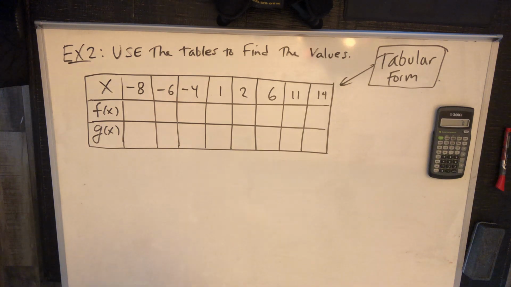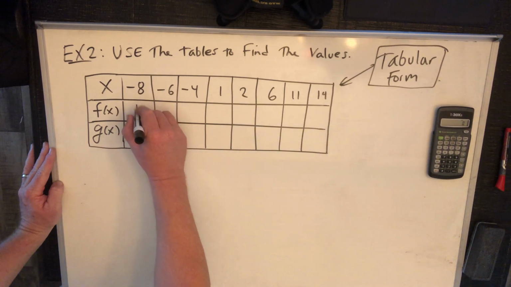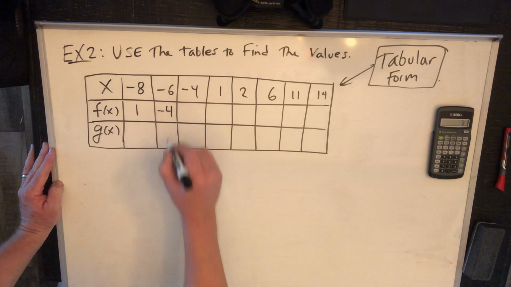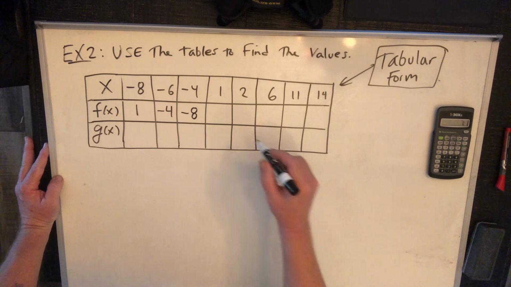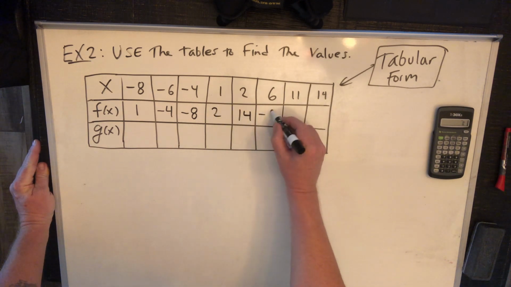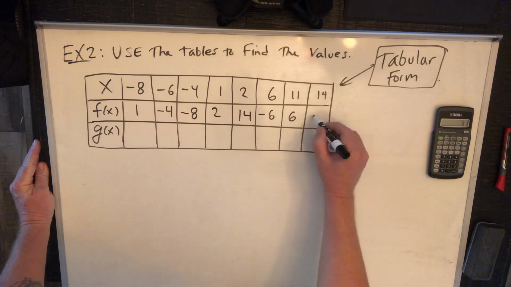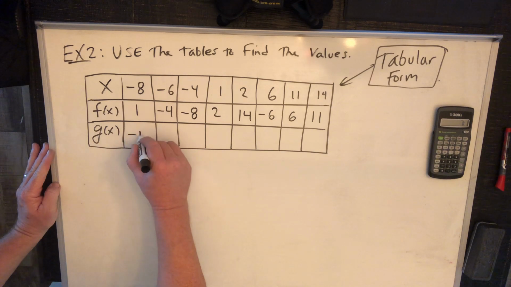So tabular forms are limited only to the values that exist in your table. So these are the function values for f. And the function values for g.